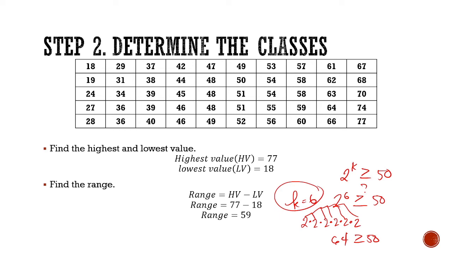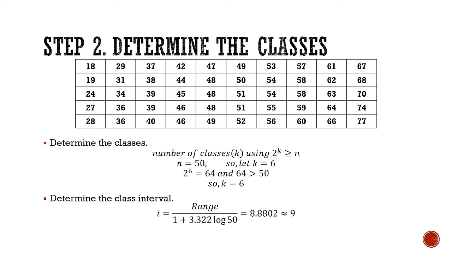Okay? So, in that, we have 6 classes. So, inunahan natin. Then, we just need to determine the class interval. So, our class interval will be I is equal to range over 1 plus 3.322 log 50, which is actually equal to 8.8802, which we can round up to 9 para hindi tayo mahirapang mag-add.